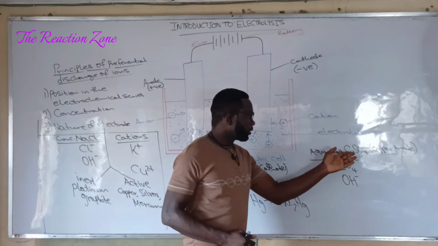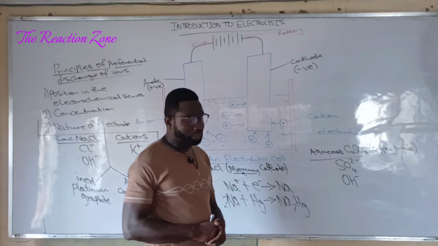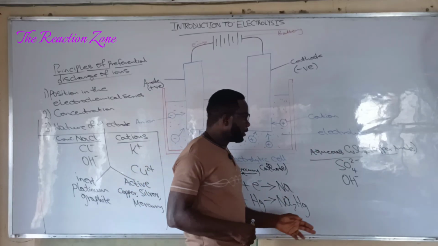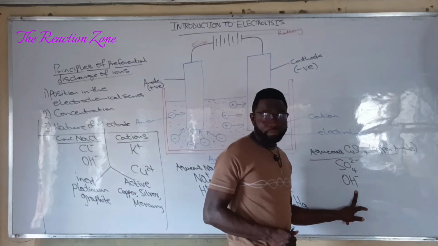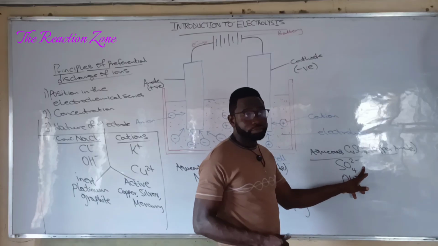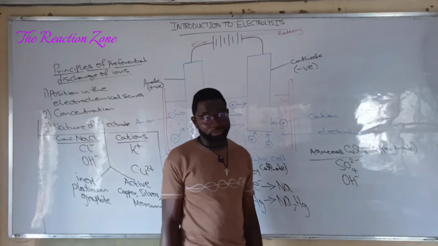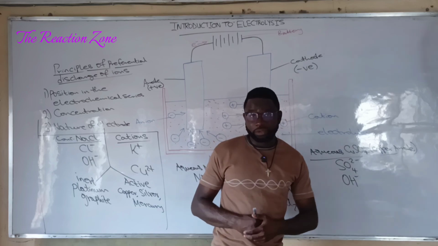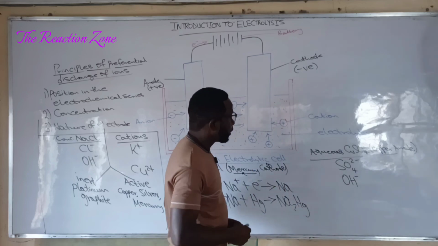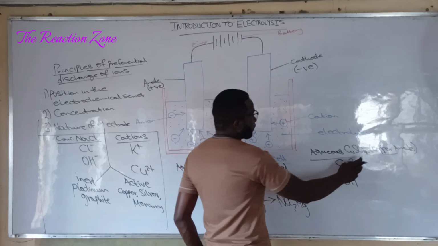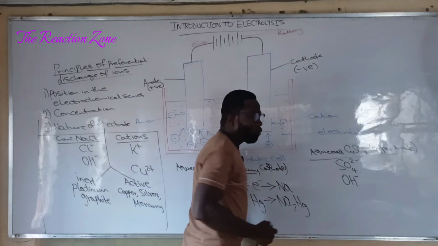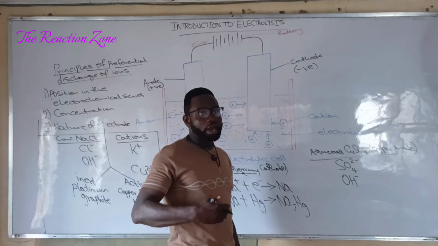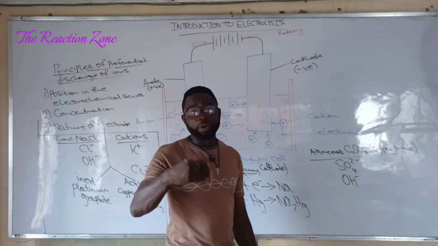Now in this particular electrolysis, neither hydroxide ion nor sulfate ion is deposited at the anode. None of them is deposited at the copper anode. Instead, what happens is that the copper atoms on the anode will ionize and go into solution as copper ions.